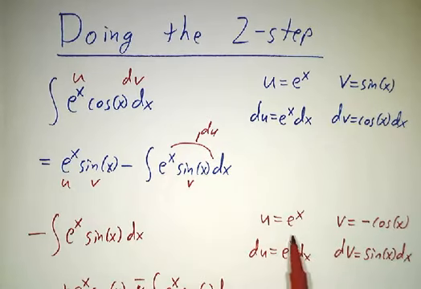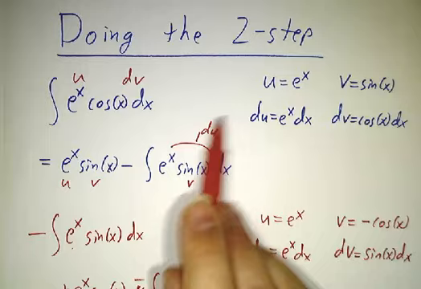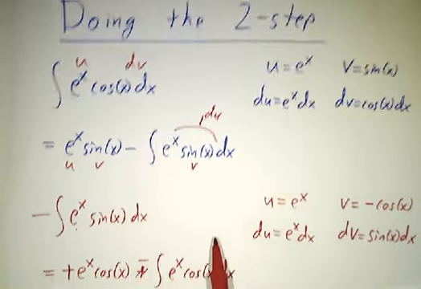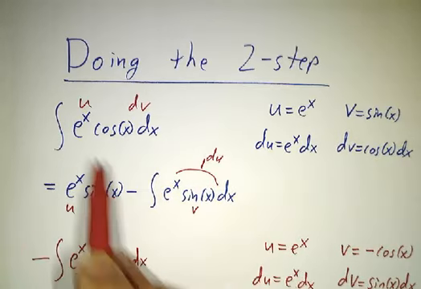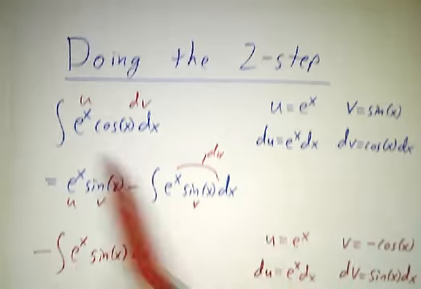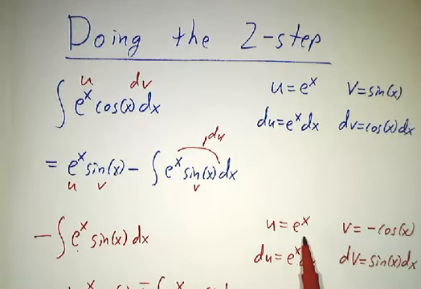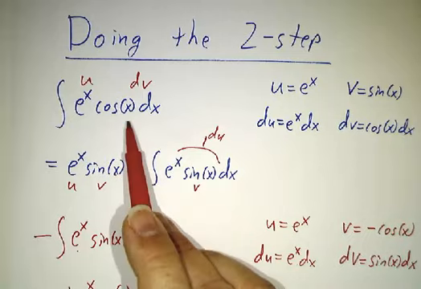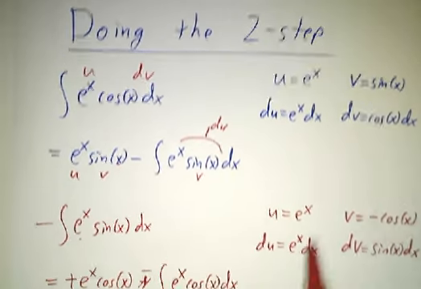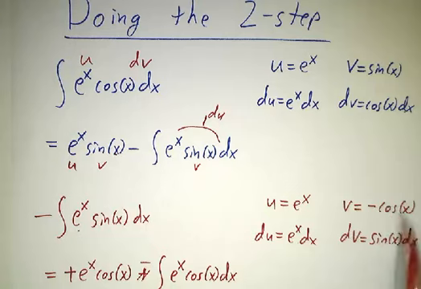If at this stage we had picked u equals sine of x and dv equals e to the x dx, then the second step would have merely undone the first step. You want the second step to keep going. So if you differentiated e to the x the first time, you want to differentiate e to the x the second time. You integrated cosine the first time to get sine, so you integrate sine the second time to get minus cosine.